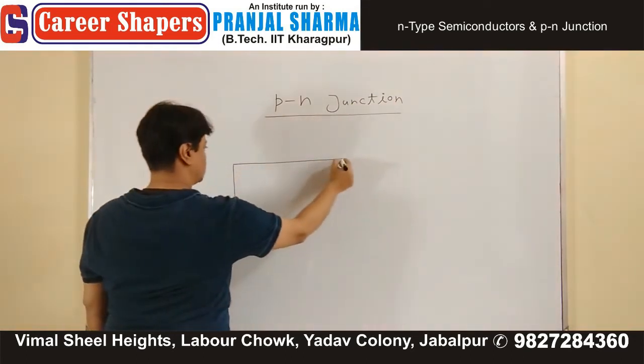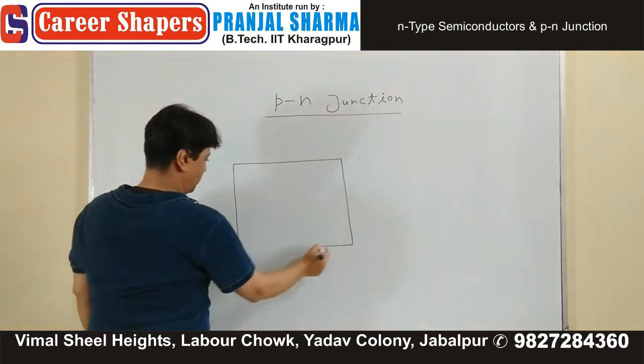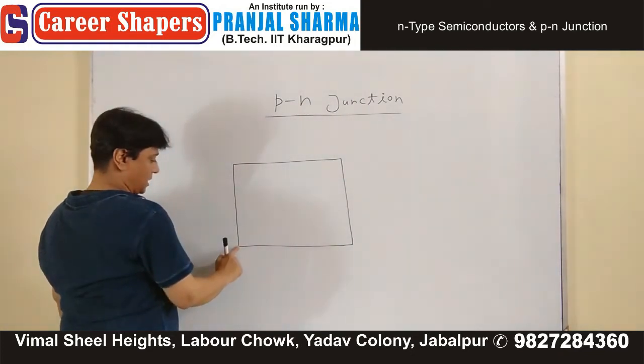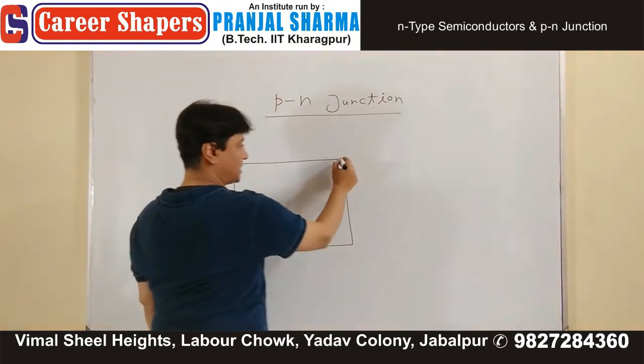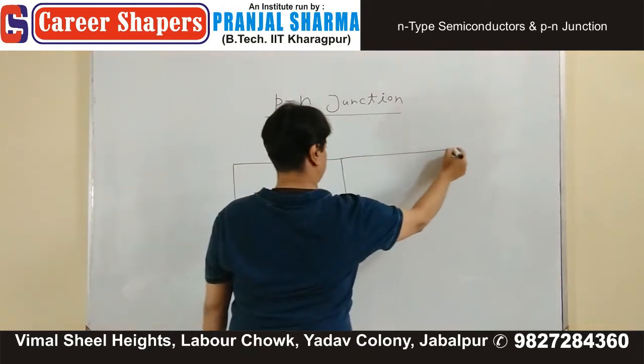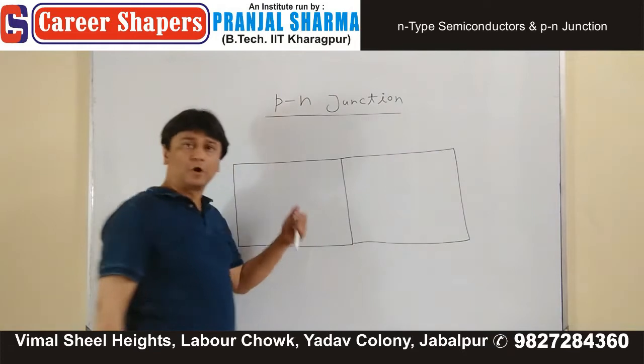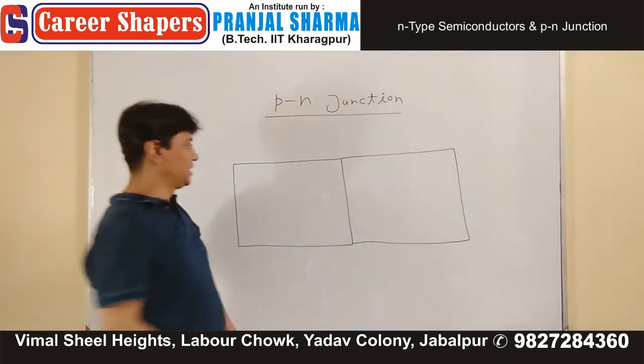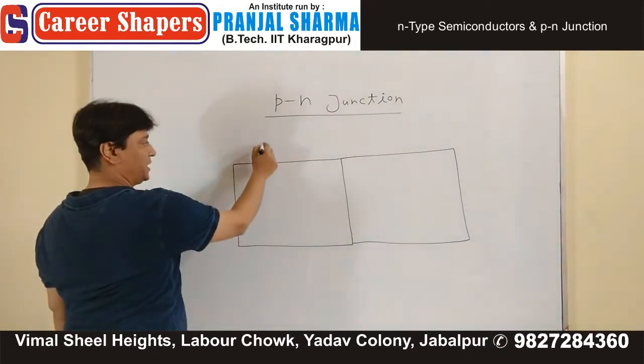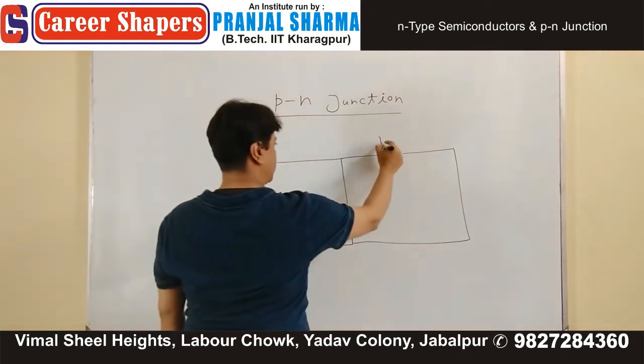Let's say you have placed a p-type and n-type semiconductor side by side. Although that's not how you form a p-n junction, for simplicity, this is p-type and this is n-type.